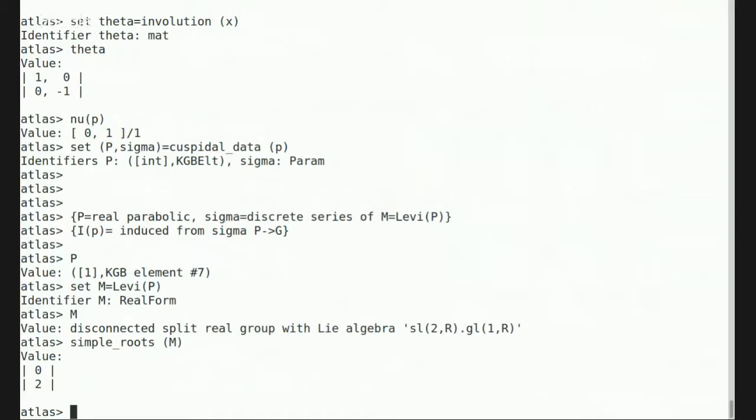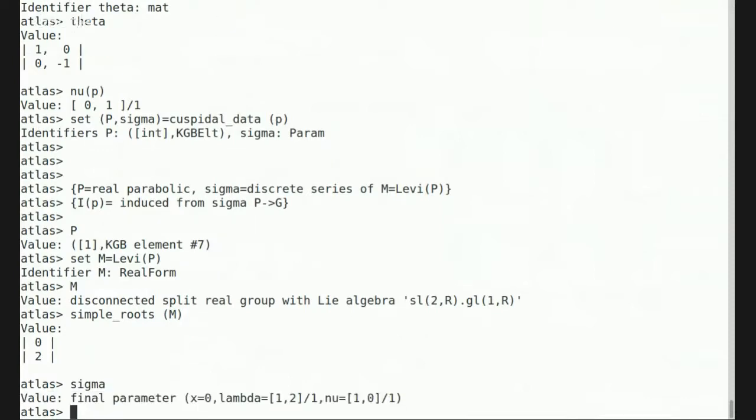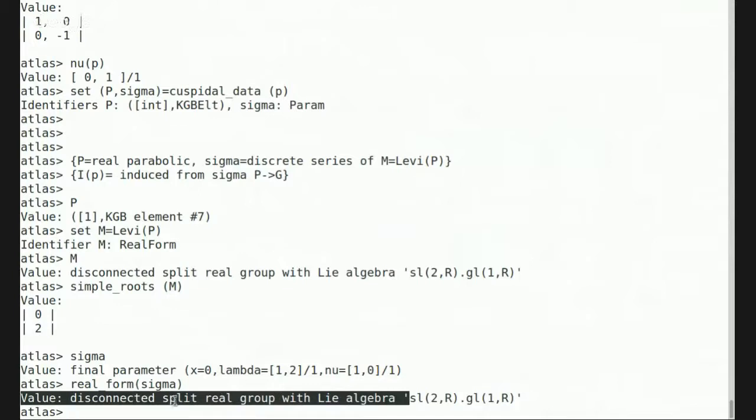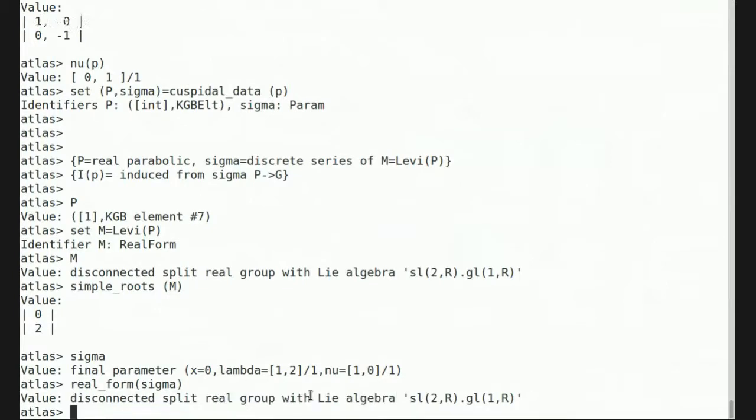And well, what is this sigma? Sigma is a parameter, but the crucial point is that sigma is a parameter for M, this subgroup. You can't exactly tell that by looking at it, but it is. And what is it?